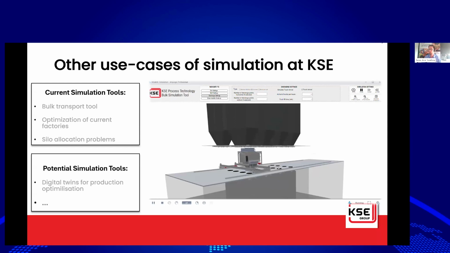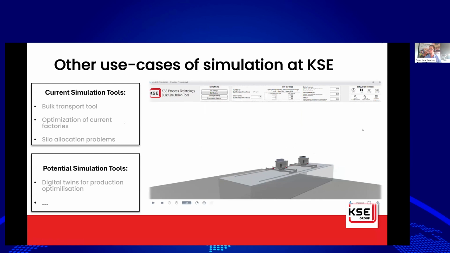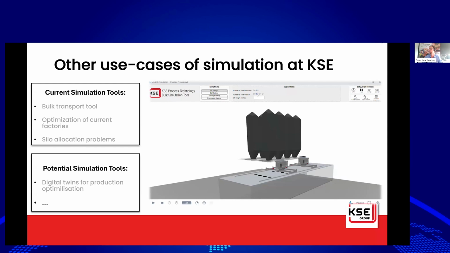Then, of course, we also have other use cases where we use AnyLogic simulation tools, for example, for optimization of current factories, which I already showed in the project route, and silo allocation problems, where you can, for example, use machine learning and simulation to allocate different silos and materials to different weighers.